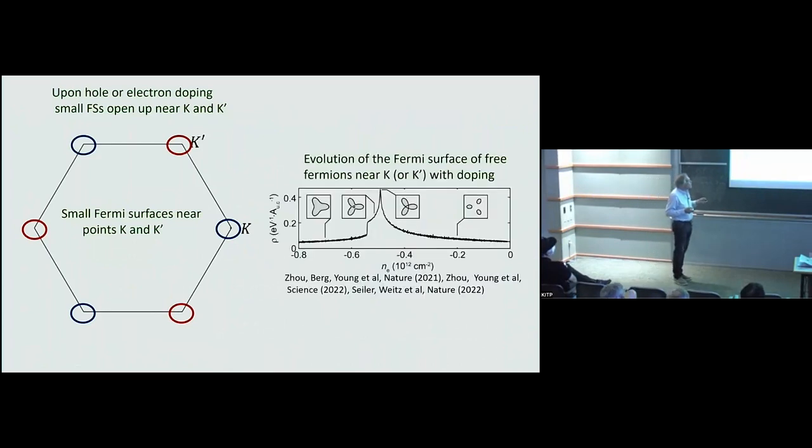If you look at the actual situation, you find that this consideration is either close to K or close to K prime. So you start with three small pockets centered around the K point. Then if you change electron or hole doping, at some point the corners of these Fermi surfaces merge. You have a Van Hove point, either conventional, or, if all the corners merge at one point, an even higher-order Van Hove point.